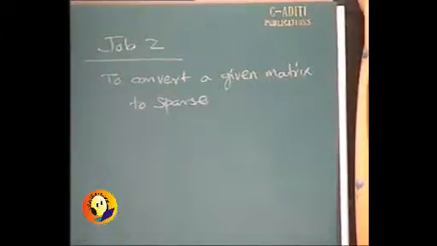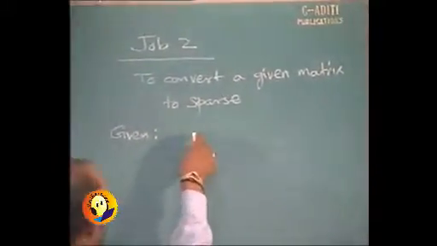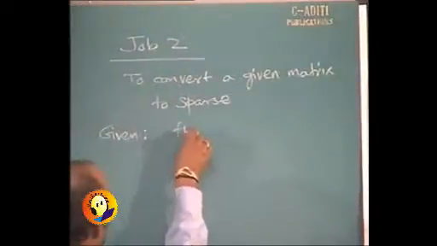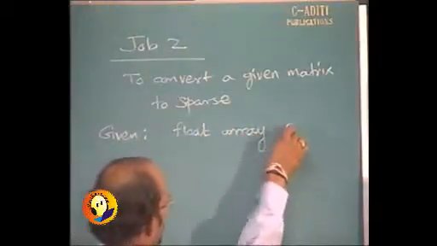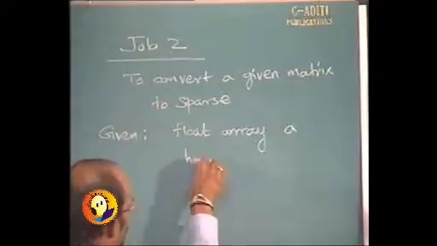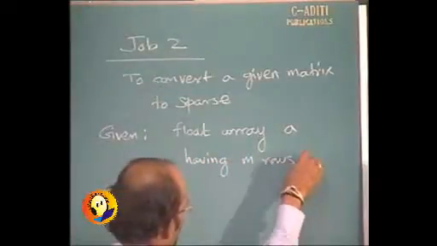Second job is to convert a given matrix to sparse form. What is given to us? A float array A having m rows, n columns.